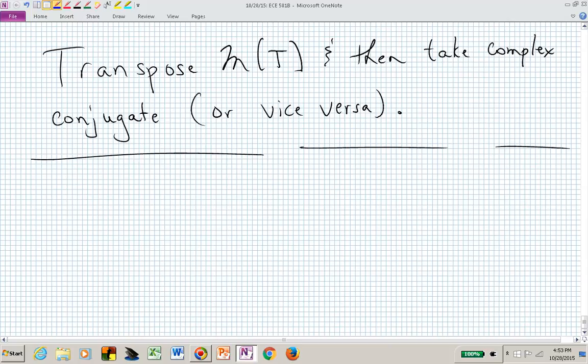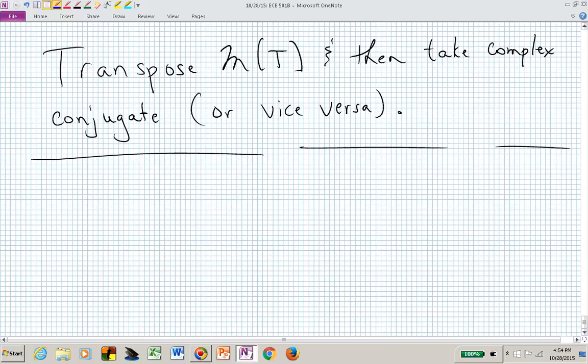But the Hermitian of a matrix T would be equal to its complex conjugate transpose. If a matrix was Hermitian, then if you took the complex conjugate transpose of that matrix, it would be equal to the original matrix. Does that make sense? So if I just take the complex conjugate transpose of a matrix, I'm not saying anything about whether that matrix is Hermitian or not.